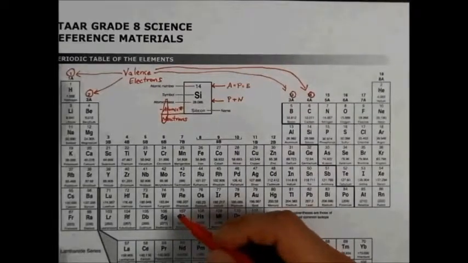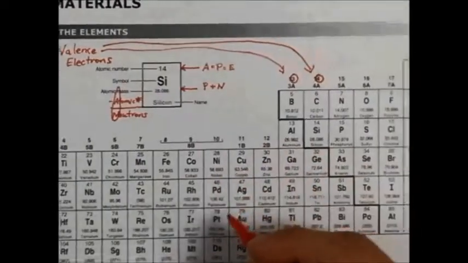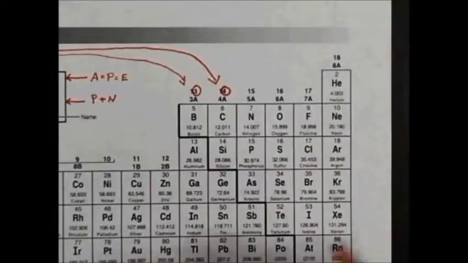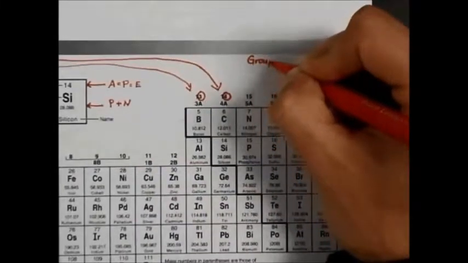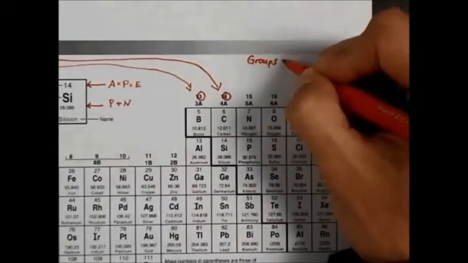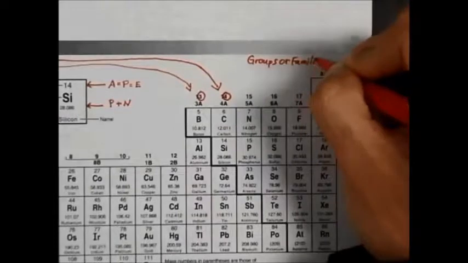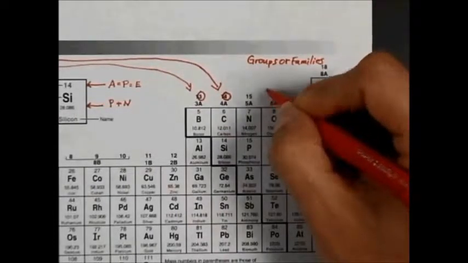All right, now we're going to move up to talking about groups or families a little bit more. So above group 16, we're going to write that these are called groups or families, and then I'm going to circle this particular group or family. And what this means is that everything in this group or family has similar properties and similar reactivity.